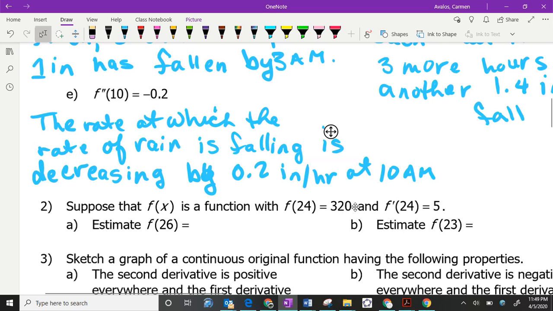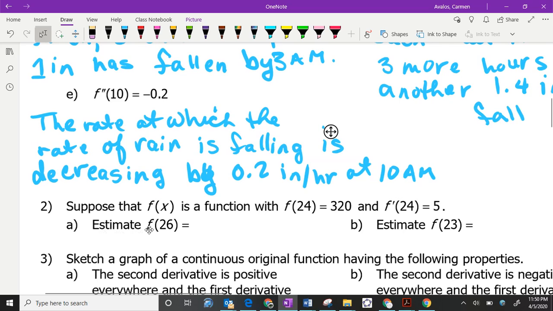Now, I could have slowed down, I could have sped up, but I know that the rate at 24 minutes, I am actually making 5 muffins per minute, or muffins per hour, whatever the units; in this case, I chose minutes. Now, how realistic that is, I don't know, but that's what we said. So here it's saying that in 24 minutes, we have 320 cupcakes already done. The rate at which I'm making the cupcakes in 24 minutes is 5 cupcakes every minute.